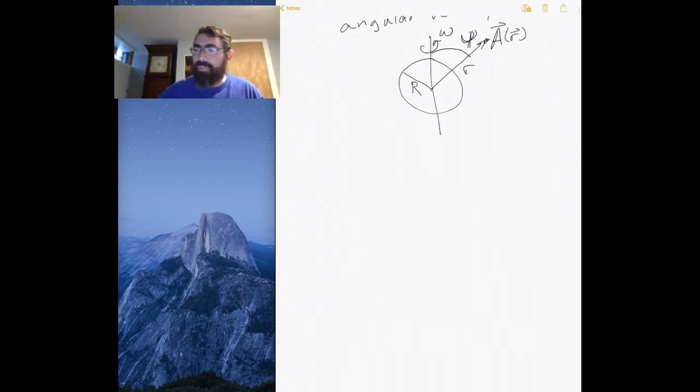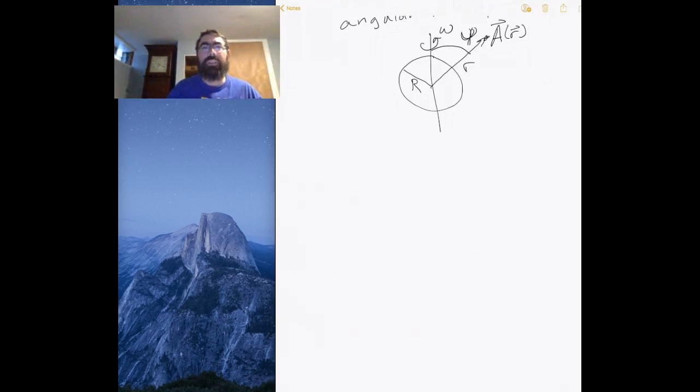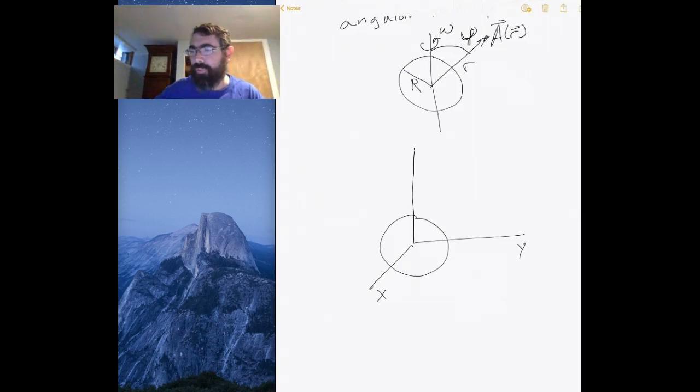We have a few choices of how we want to orient it. We could put the axis of rotation on the z-axis, but instead, we're going to put the shell at the origin. The center of the shell is at the origin. We're going to put the point in space where we want to measure the magnetic potential on the z-axis.